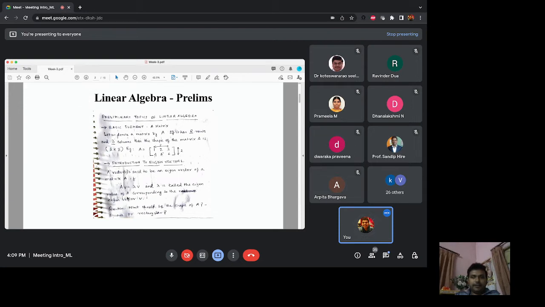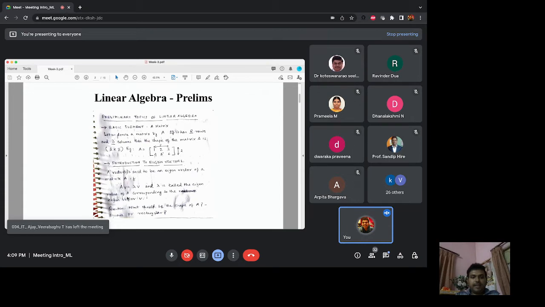Is everybody with me? If anybody has any problem, you can stop me and ask right away. Again, let's say A is 2 cross 3, and since you are multiplying A with V, and V is a one dimensional vector, V has to be 3 cross 1, otherwise you won't be able to multiply it with A. So what will be the dimension of the vector AV on the left hand side?